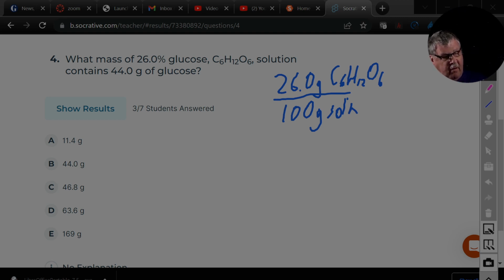So if that's true, would I expect more solution to have more glucose, or less solution to have more, or this amount of glucose?